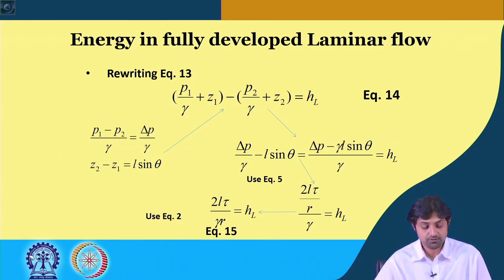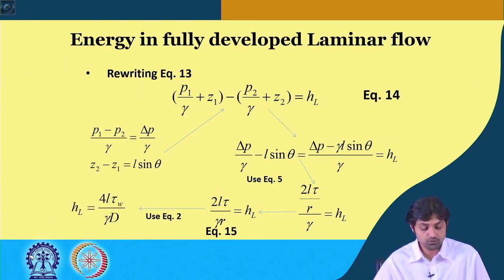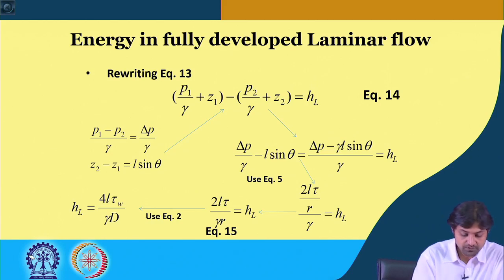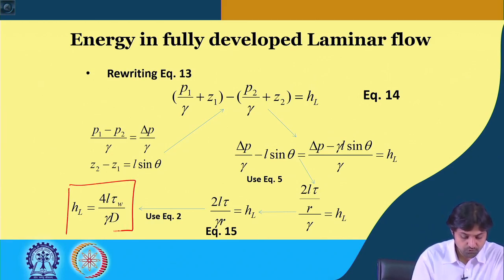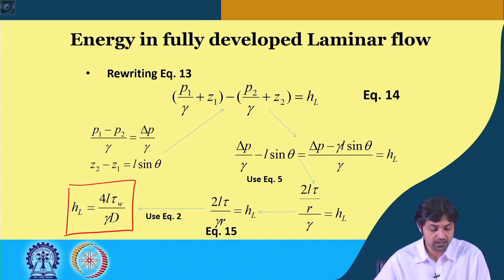Now, equation number 2 was using the wall shear stress, and using equation number 2 if we substitute tau in terms of wall shear stress and R, we will get head loss as 4 L tau W by gamma D. So, this is a quick formula for obtaining the head loss in terms of wall shear stress, length of the pipe and diameter of the pipe.